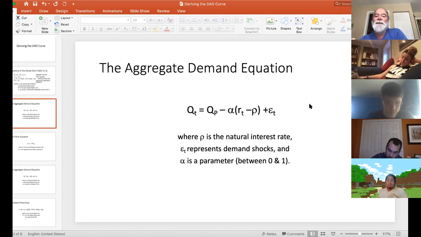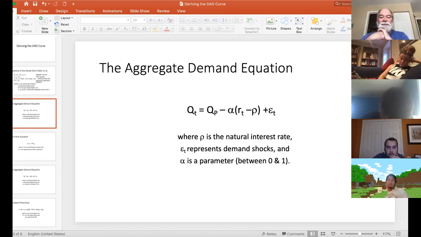So if the economy is perfectly right, rho is the interest rate that would occur. I know it's a little hard to get your head around this, so that's okay.